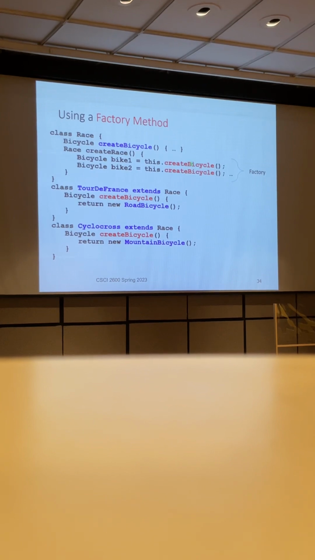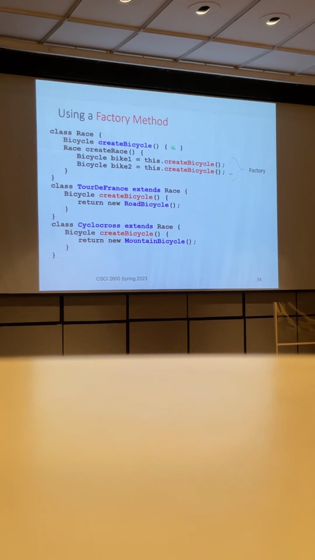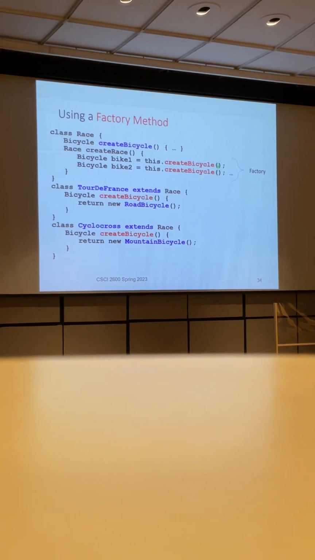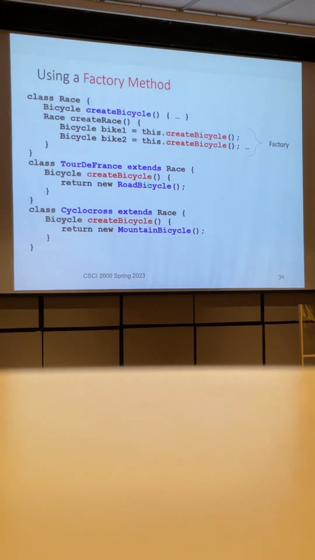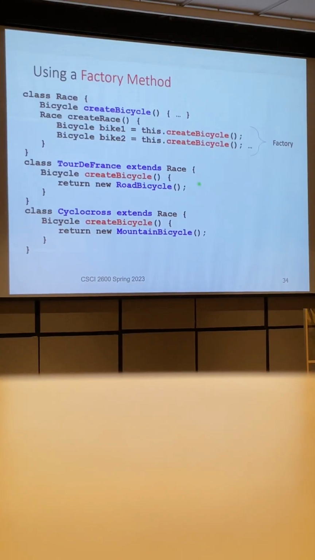Here is an implementation. We have a create bicycle in race with some implementation, and then we have create race that calls the create bicycle. This create bicycle is now actually a factory method, because as you can see, it is overridden in all the subclasses of race, and the create bicycle inside each race class creates the proper type of bicycle for that race.